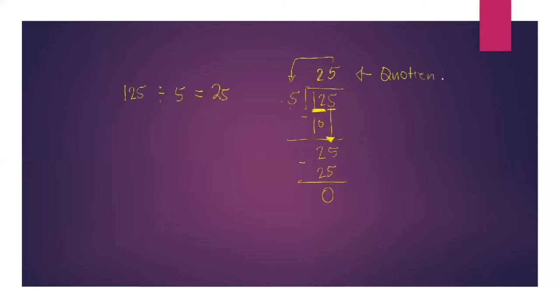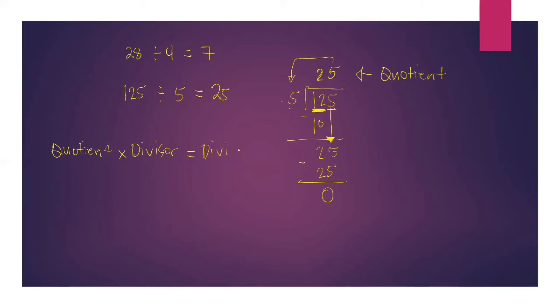If you're going to ask, how are we going to check this one? Okay, so let's try the first example kanina. So, 28 divided by 4, the answer is 7. To check if our quotient is correct, we need to multiply the quotient sa ating divisor. And then, it must be equal dapat sa dividend.